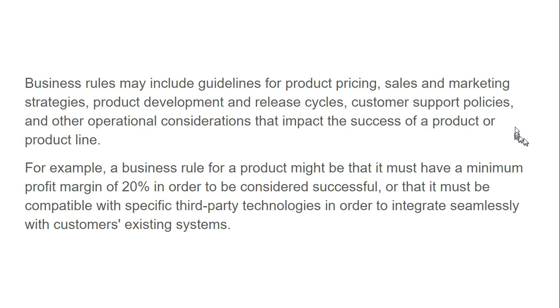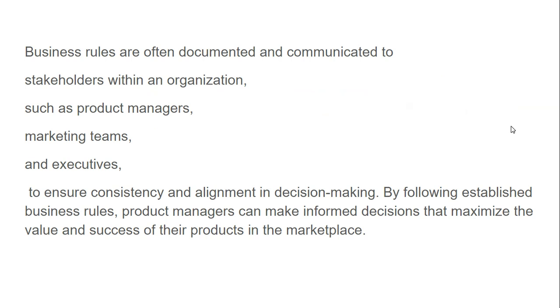So you won't celebrate or do anything. Or a rule might be that it must be compatible with specific third-party technology in order to be integrated seamlessly with customers' existing systems. So those are rules that you can bring forward. Business rules are often documented and communicated to stakeholders within an organization, such as product managers, marketing team, and executives.